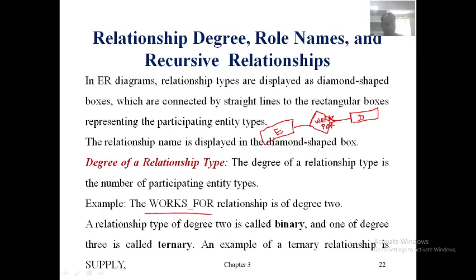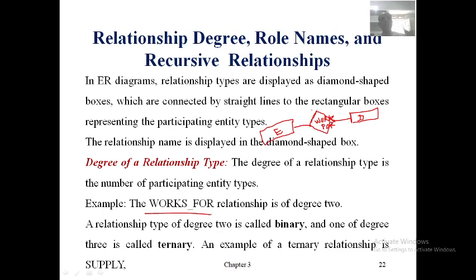And if there are three entity types participating in that relationship type, it is called a ternary relationship.